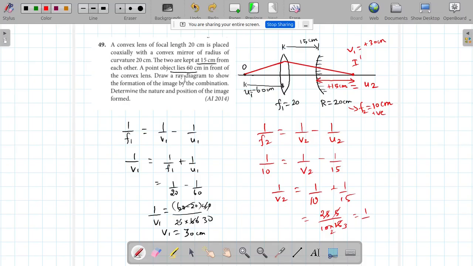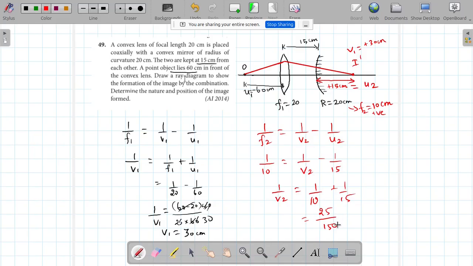Otherwise, I made a mistake. 25 divided by 150. They have given me 30. The textbook made this mistake. It is 6 only, right?